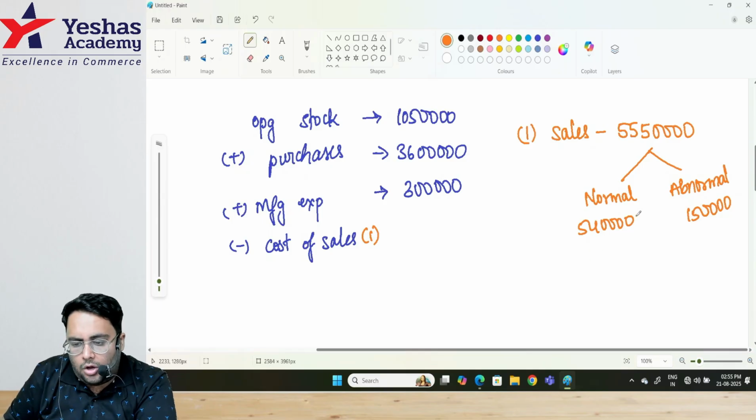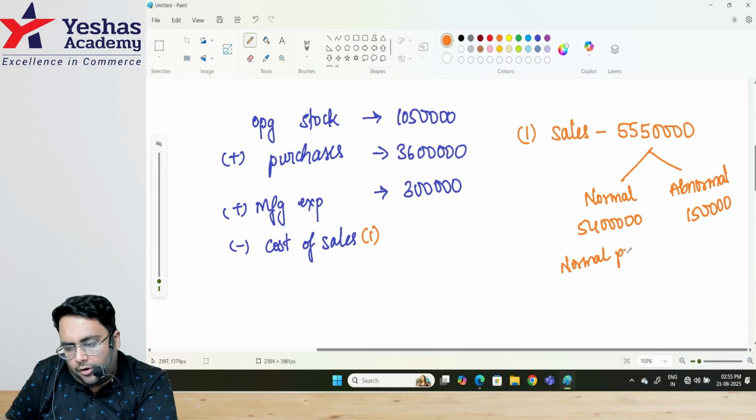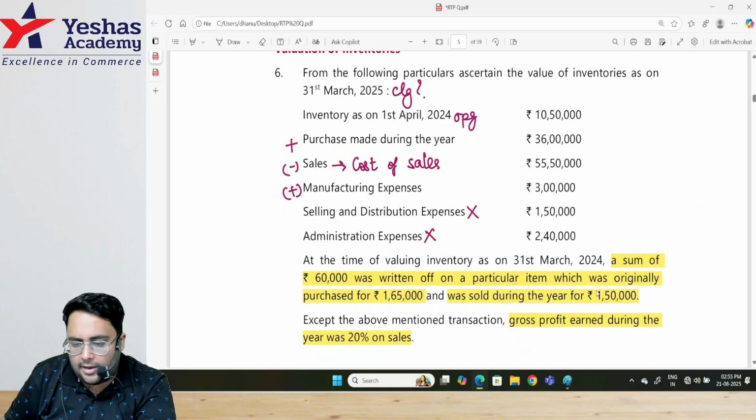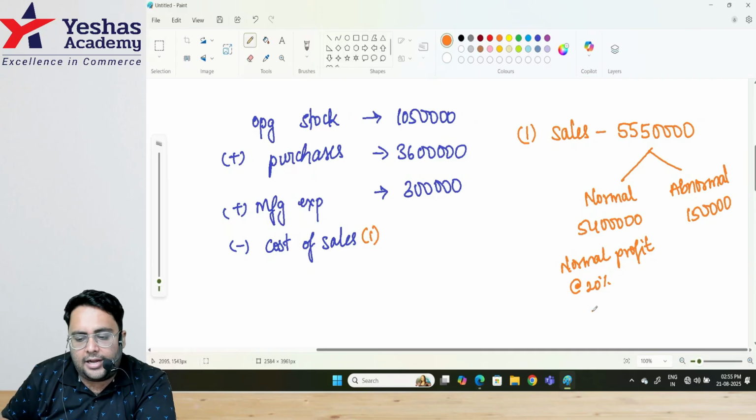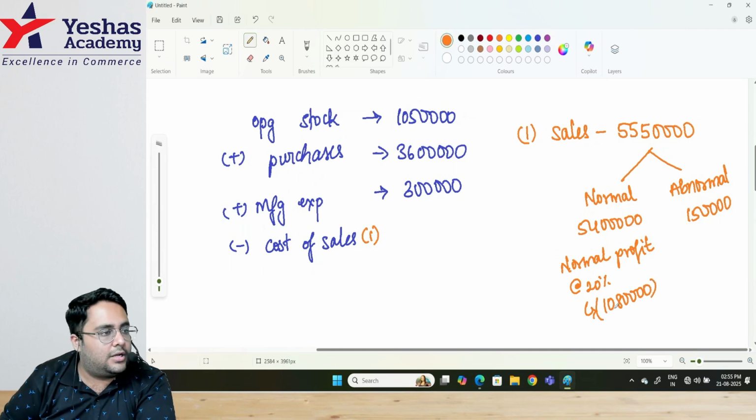What will be your normal profit? Apart from that abnormal transaction, normal profit is given at 20%. 20% on cost or sale? 20% on sale directly. 54 lakh into 20% is how much? 10,80,000 is your normal profit. Agree, yes or no?